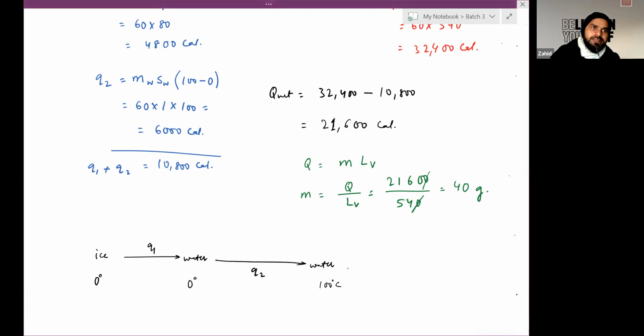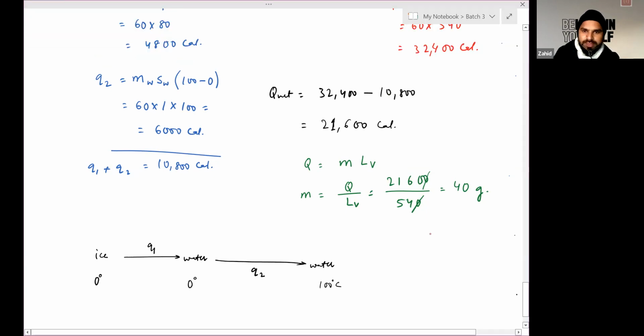At the same instant, steam will lose some amount of energy to get condensed into water at 100 degrees Celsius.